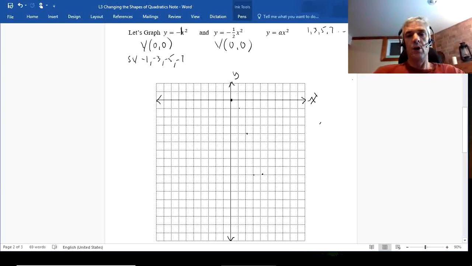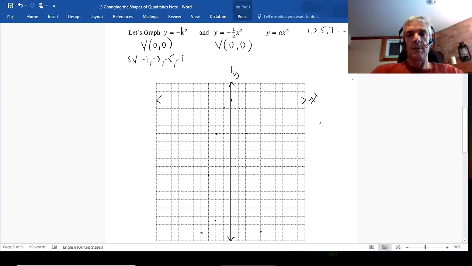And 1 over and down 1, 2, 3, 4, 5, 6, 7. And there are our points on the one side, and we can do the points on the other side just as well: 1 over, down 1 here, 1 over, down 3, 1 over, down 5, and 1 over, down 7.